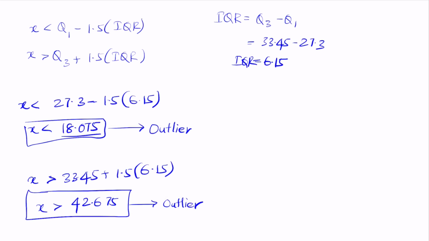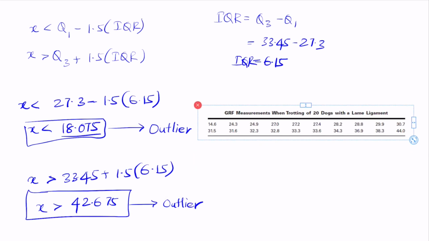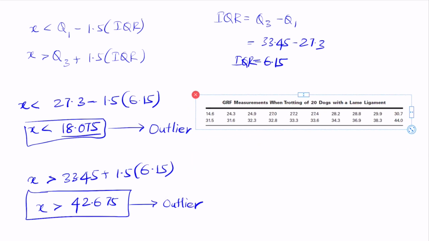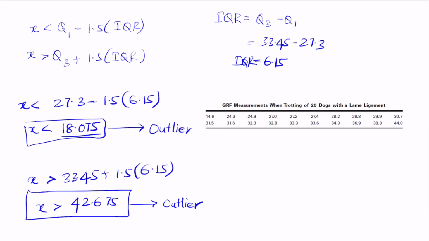Let's look at the data again and see where the outliers are. In this data we are looking at two values: one, x less than 18.075. Notice the first observation is 14.6, so this is an outlier. And notice the higher value, anything greater than 42.675: this value is also an outlier.